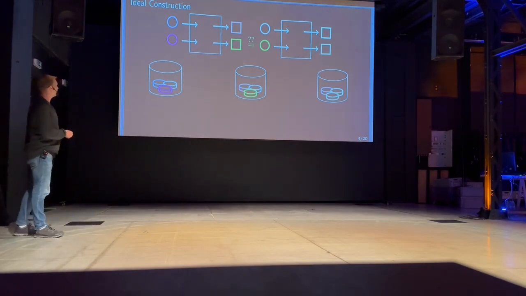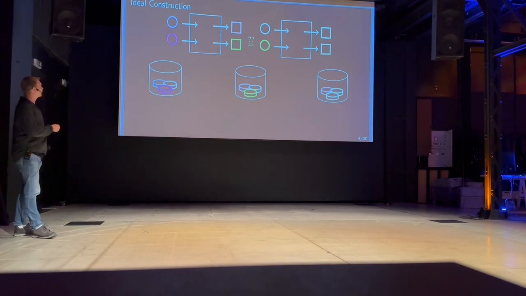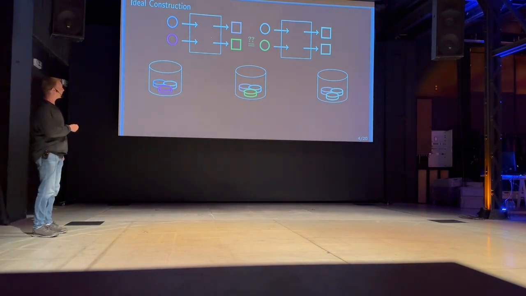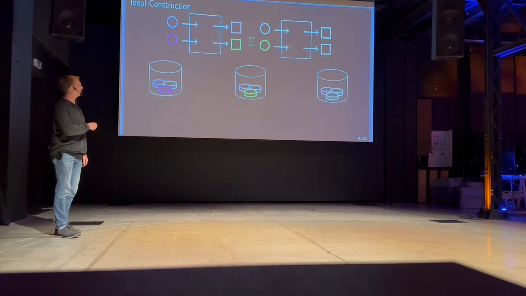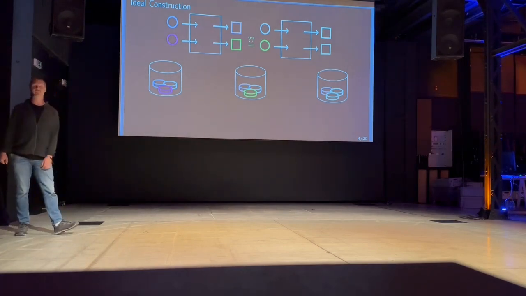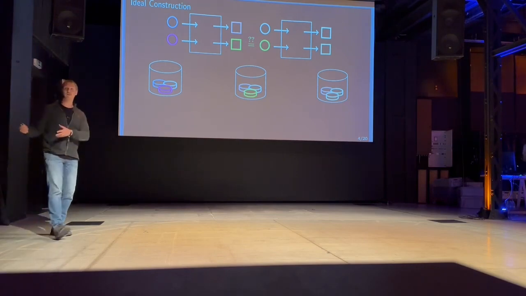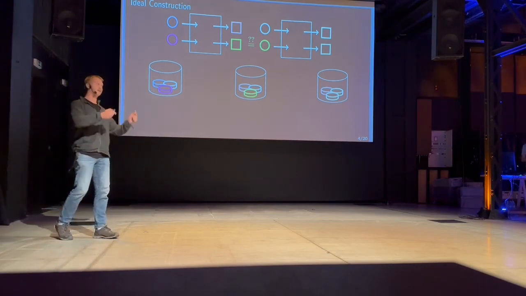Whenever we take something out, it turns into this circle. The circles go into transactions. The transactions destroy the circles, and the transactions produce squares. The squares go into the UTXO set. So every time you take something out, it's a circle. Every time you put something in, it's a square.